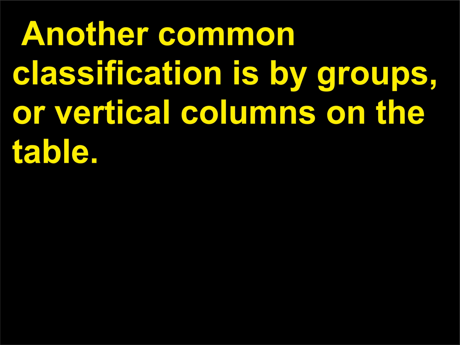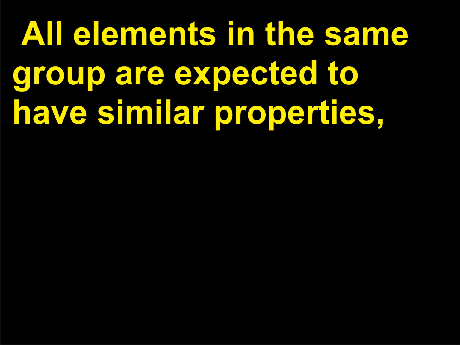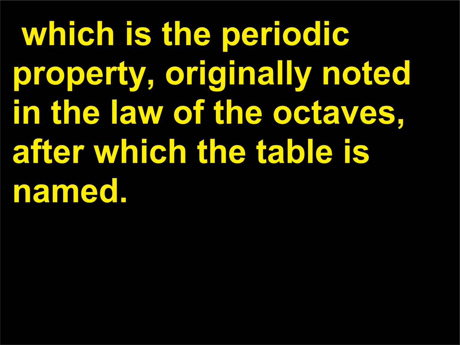Another common classification is by groups, or vertical columns on the table. All elements in the same group are expected to have similar properties, which is the periodic property, originally noted in the law of the octaves, after which the table is named.